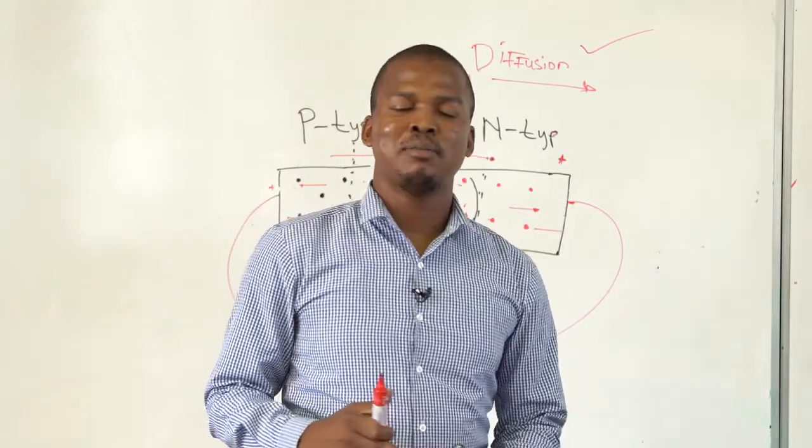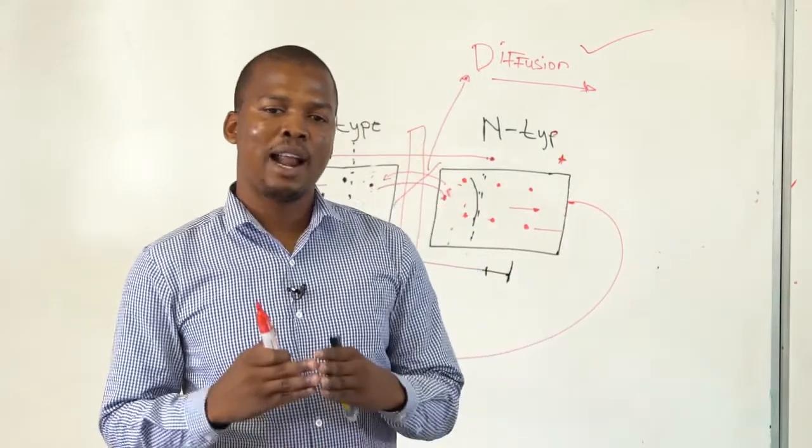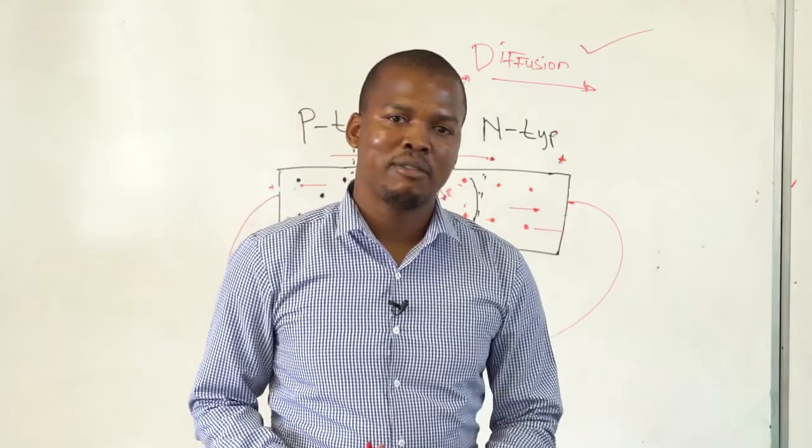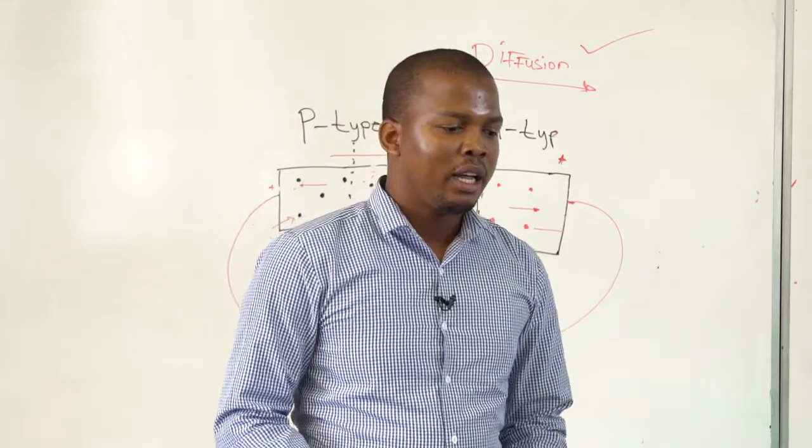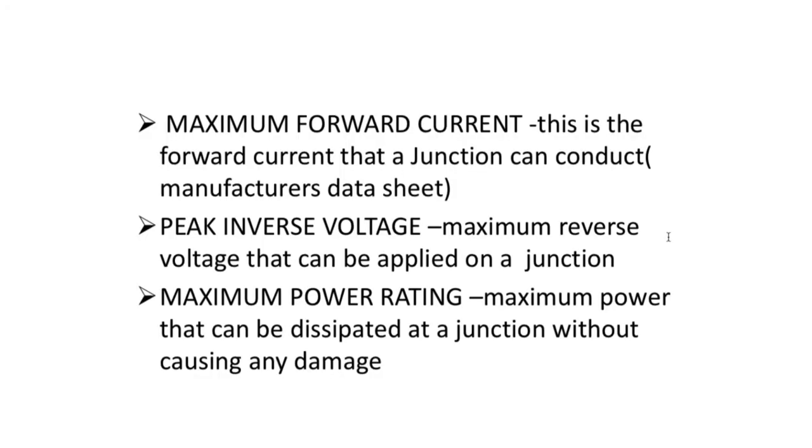It has the maximum current that you must apply on that electronic device. Again, the peak inverse voltage is the maximum reverse voltage that can be applied on a junction. The maximum power rating is the maximum power that can be dissipated at a junction without causing further damage.